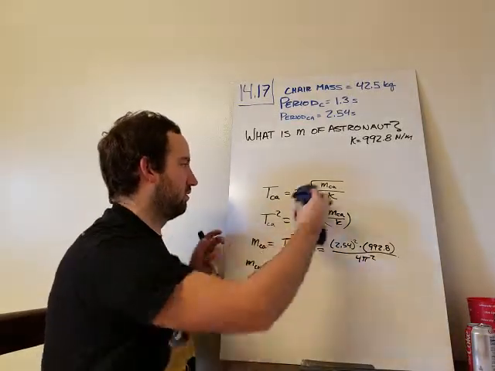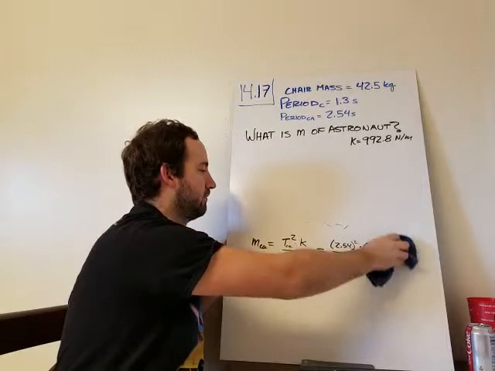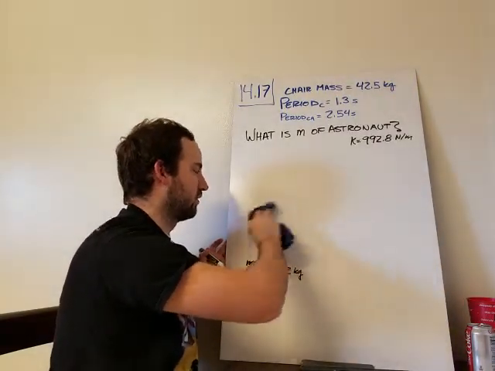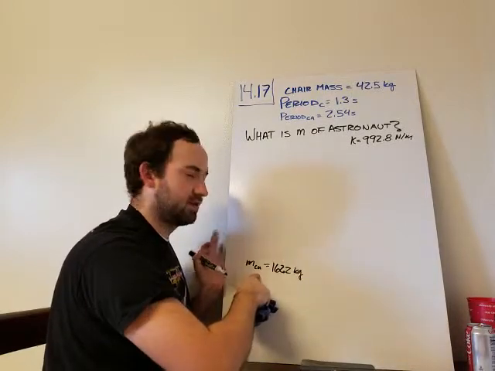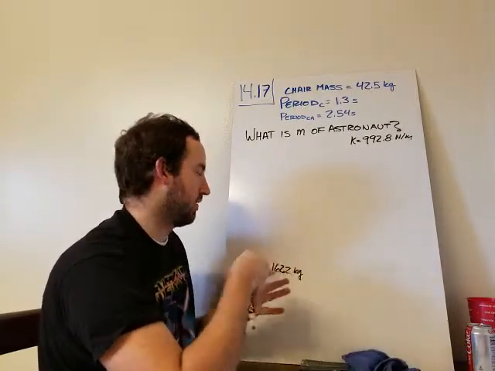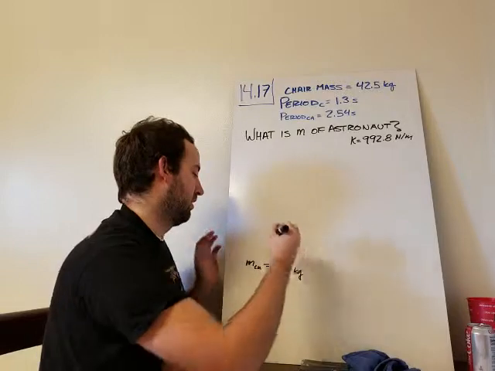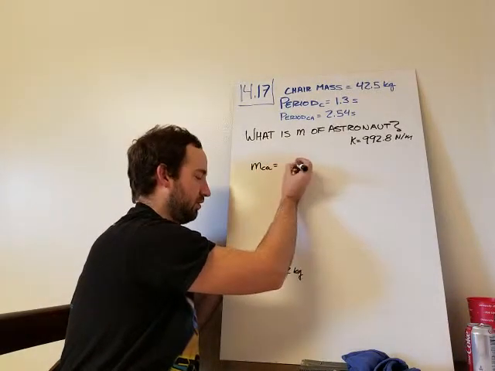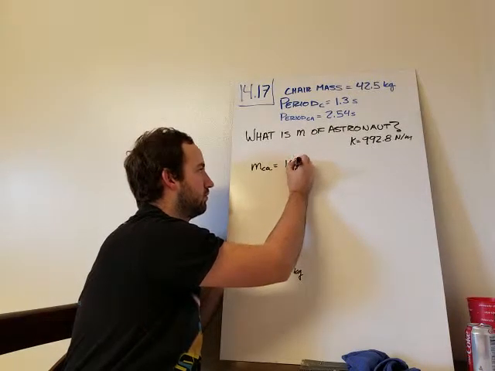It might be easy to think that that's the mass we're looking for, but we need to remember that this is the combined mass of the chair and the astronaut. I'm just going to rewrite it up here to get more room.